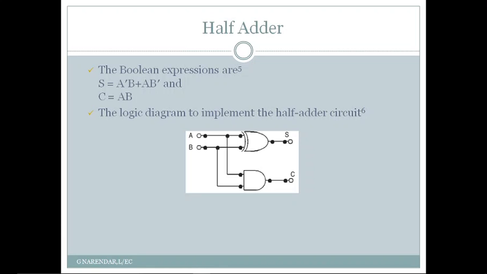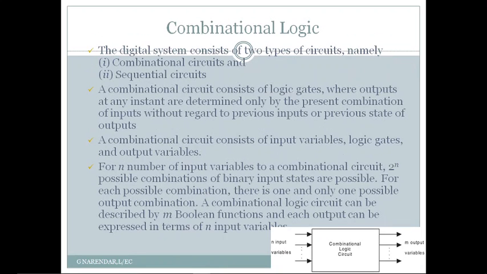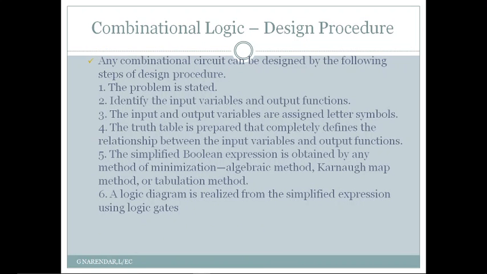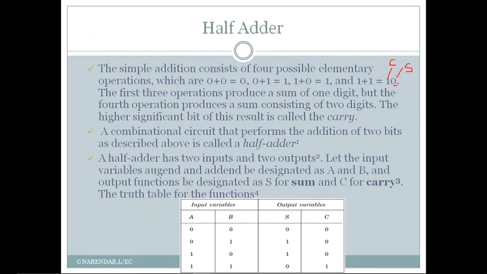So let's review what we have learned in this class. We defined what is meant by a combinational logic circuit, and differentiated it from the other type of circuit, called a sequential circuit. Next we outlined a general design procedure, the various steps involved in the design of a combinational logic circuit, and we introduced the first combinational logic circuit, which performs a simple addition of 2 bits.